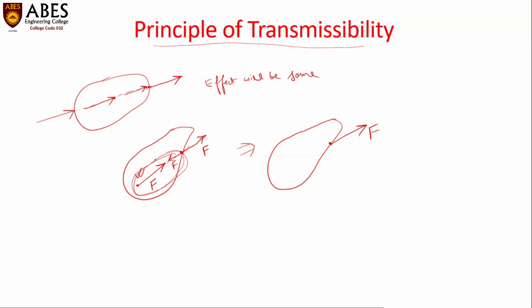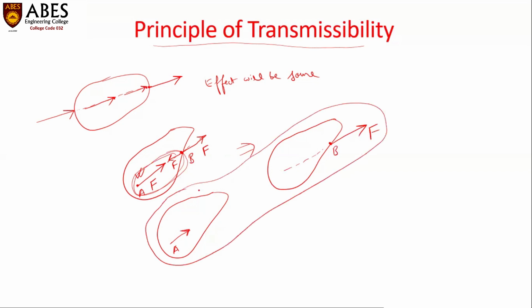So we can see that initially the force was here, as I described earlier, and now we have transferred this force along its line of action to some other point. The initial point was A, and now the final point is, say, B. The net effect is the same in both of these figures. So this is called the principle of transmissibility. It is one of the most fundamental and important theorems in the field of statics.